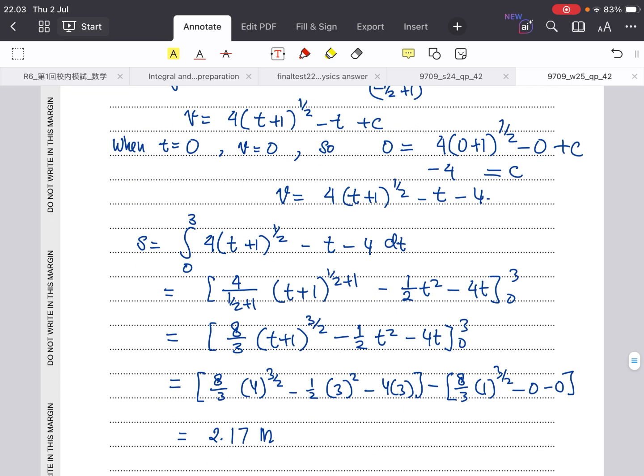While the remaining part, I think it's very easy to do the integration. So the integration is this one, and then replace the value of t with 3, minus replace the value of t with 0. And finally, we can find that s is equal to 2.17 meters.